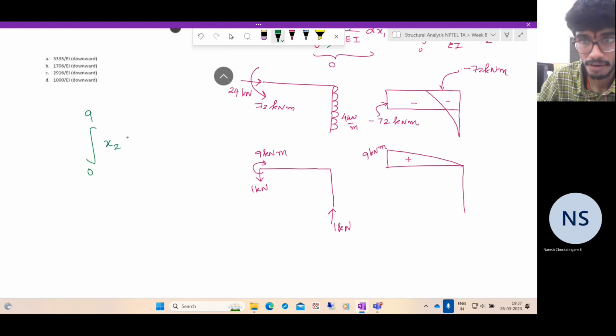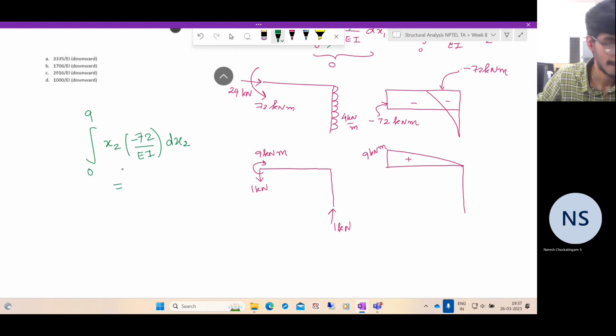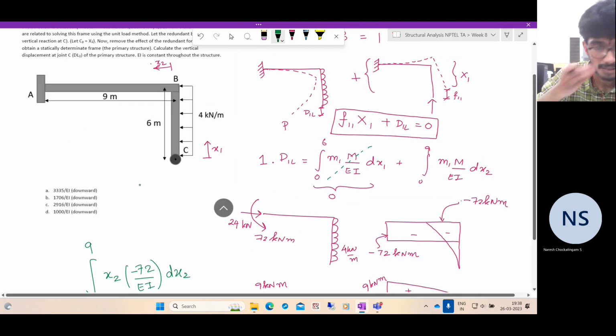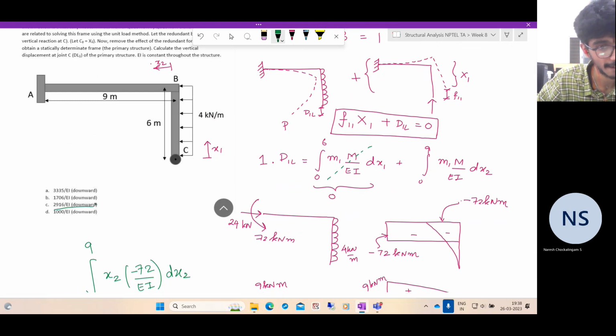What is the real bending moment? Minus 72 by EI dx2. It can be easily evaluated. We get 36 x2 square, and that is nothing but 36 into 9 square, which is 2916 by EI. And the minus sign indicates that it is acting downwards. So the displacement D1L is downwards. So the correct answer is 2916 by EI, option C.